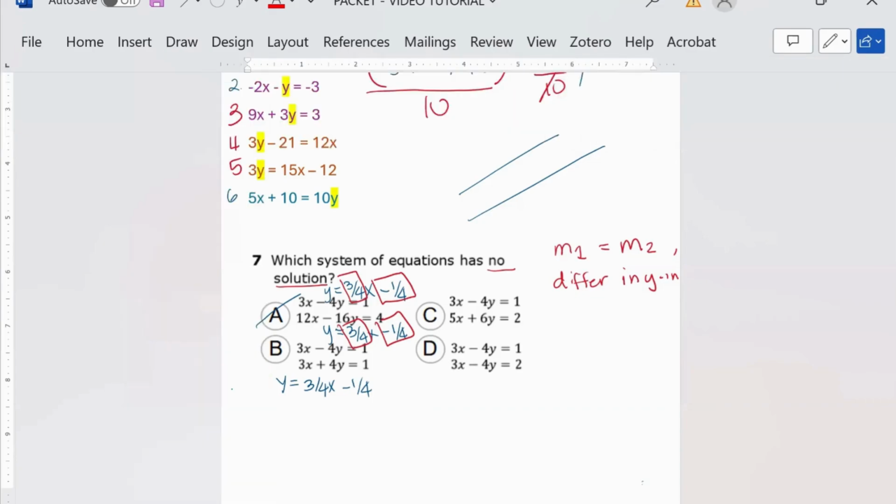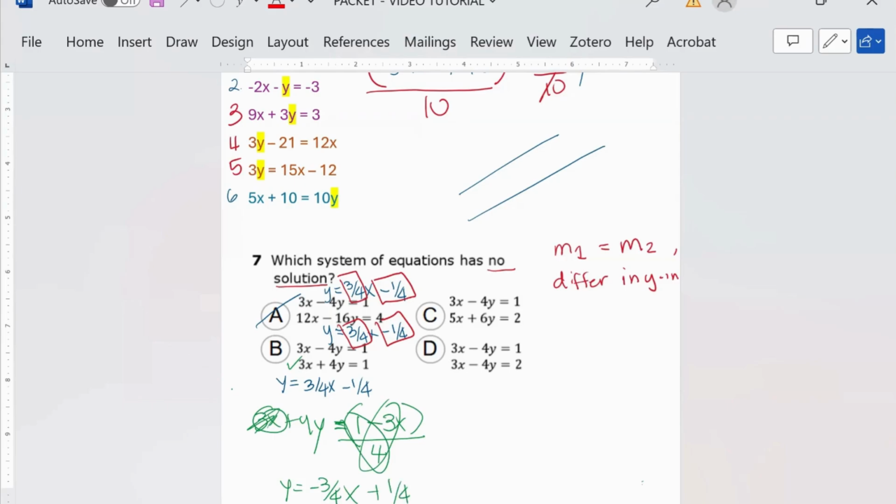Second equation, this one here. 3x plus 4y equals 1. The same thing. I see an equal sign. I'll put parenthesis minus 3x coming from here. Okay. And close that parenthesis divided by 4. So now my slope is y equals negative 3/4 x, and my y-intercept is positive 1/4.